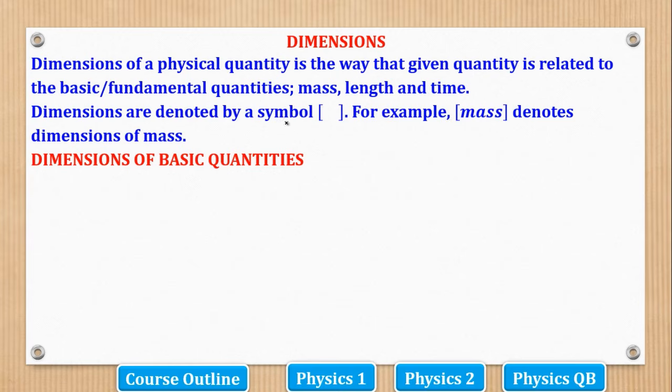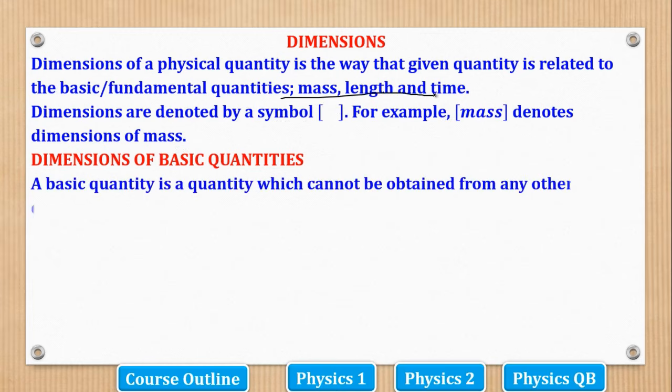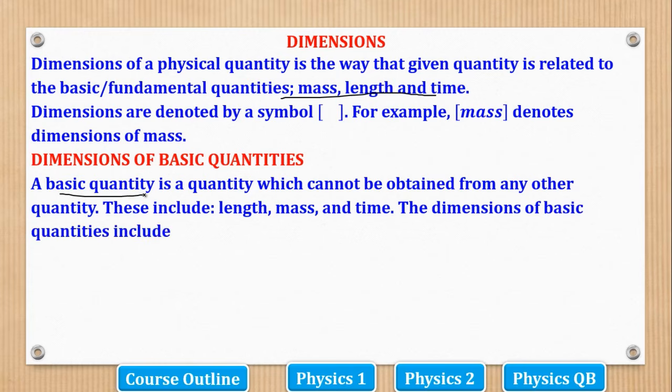So let's start with the dimensions of basic quantities. Remember, there are 3: length, mass, and time. By definition, a basic quantity is a quantity which cannot be obtained from any other quantity. So mass cannot, length cannot, and time cannot.